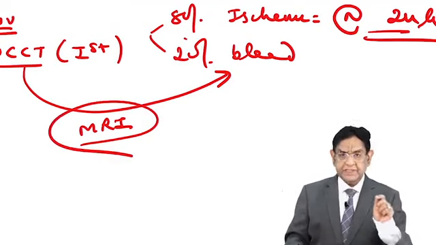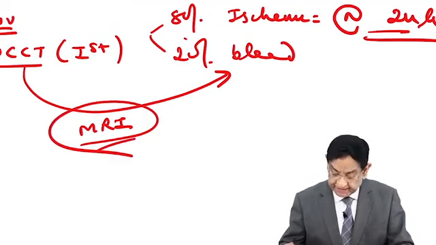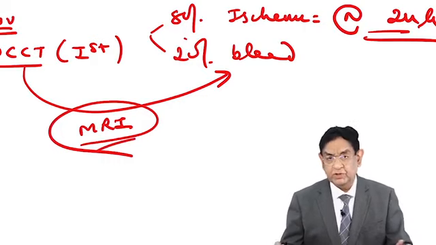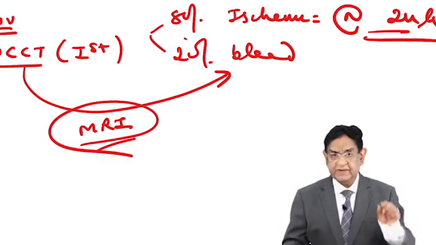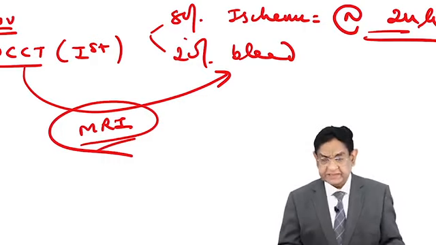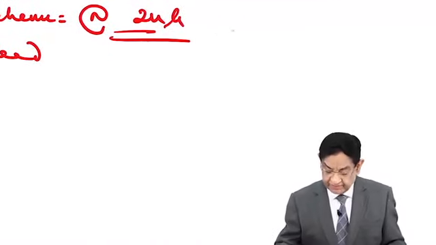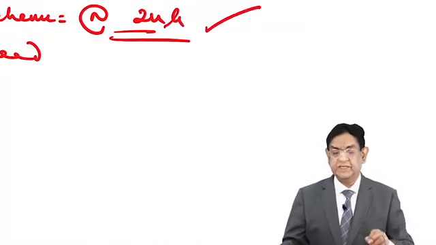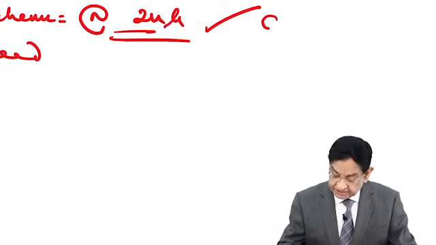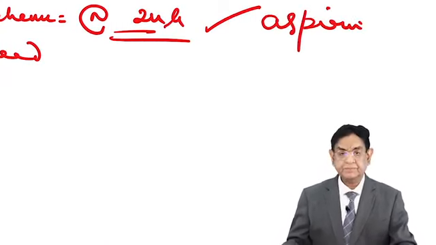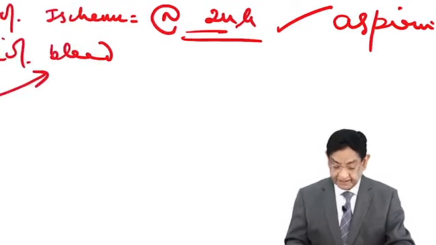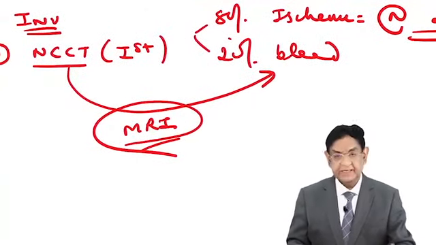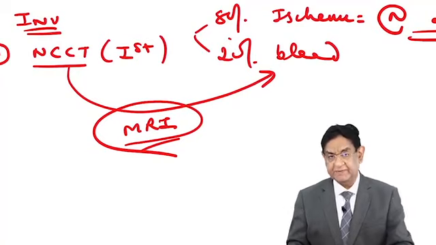So we do CT scan to rule out bleeding. So if the patient has stroke and in the first 24 hours CT scan is normal, we are very comfortable that we are dealing with ischemic stroke. We can start aspirin immediately. But if the patient has a hemorrhage, then we can never start aspirin.